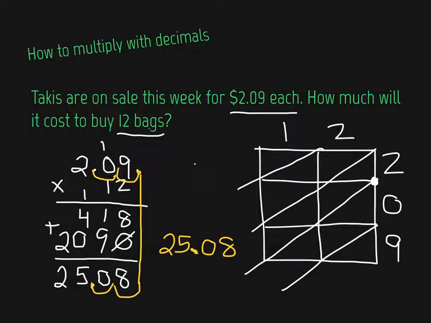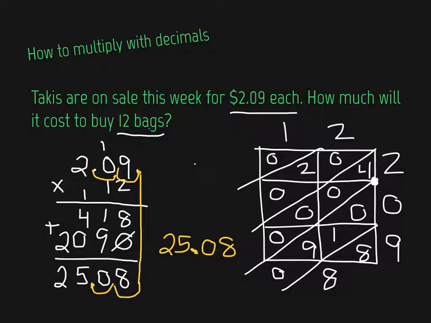I set my lattice up, and then I just go ahead and fill this out, and then go through with my addition and bringing the numbers down. Remember, it's helpful to use a Post-it note with this if you need it.